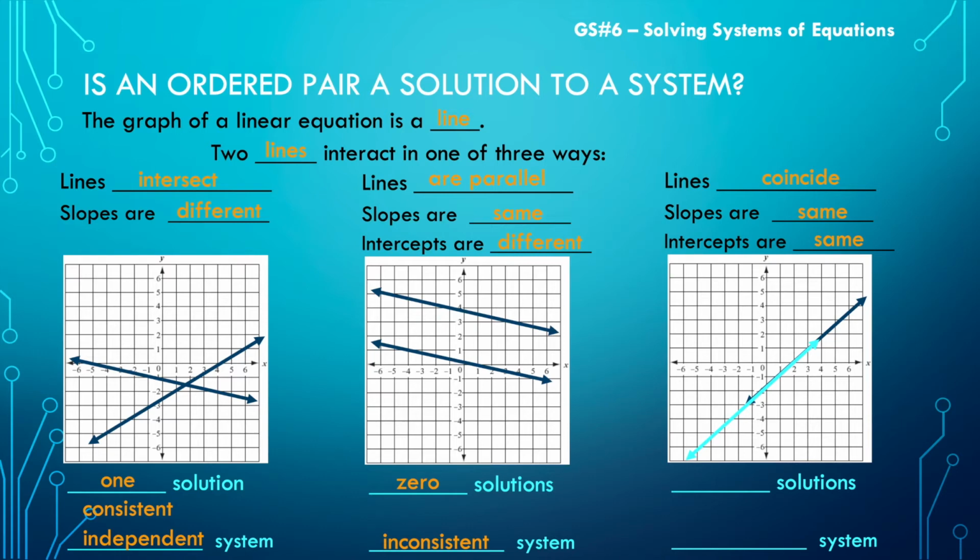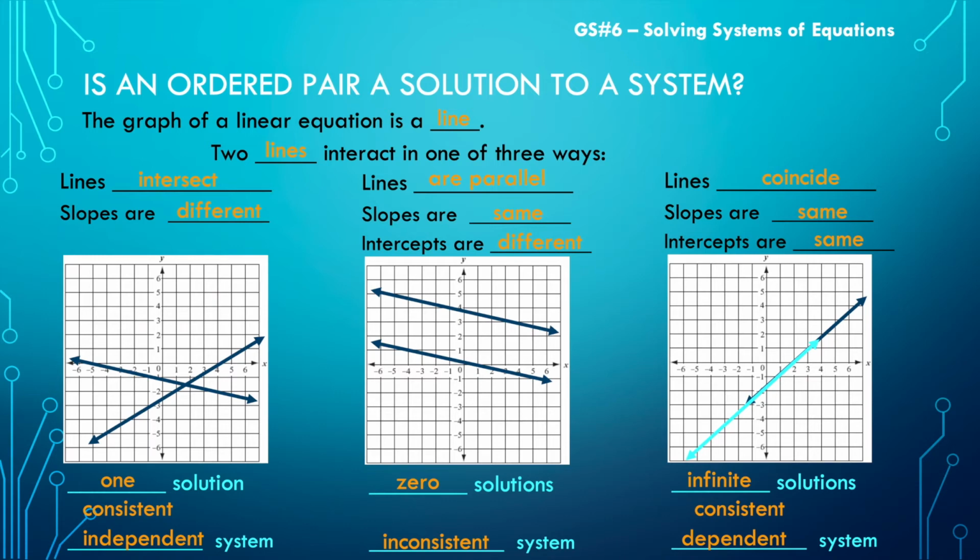In this case, how many points do those lines share? Every single point on those lines is shared, and so there's an infinite number of solutions. And we call this type of system a consistent, dependent system of equations.